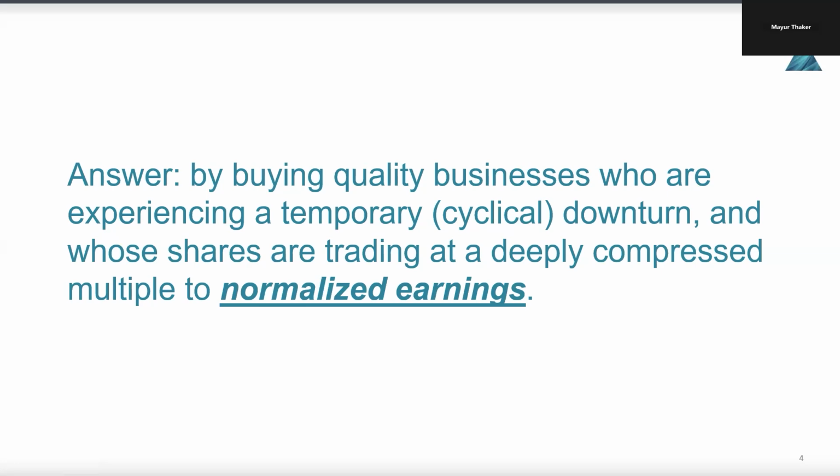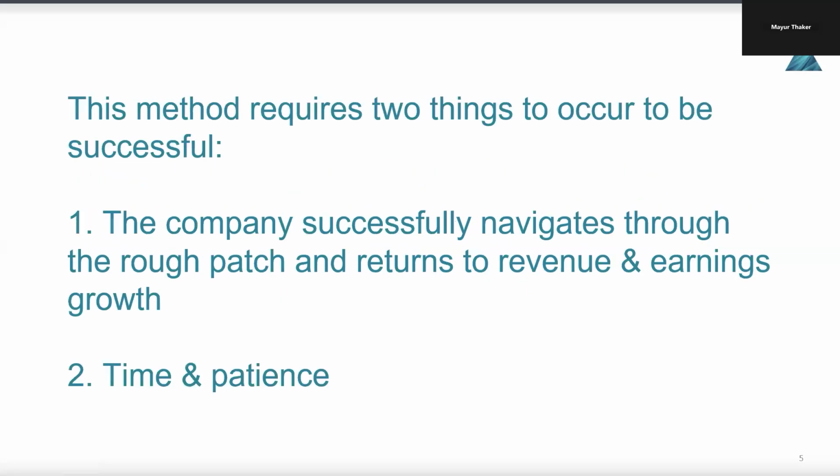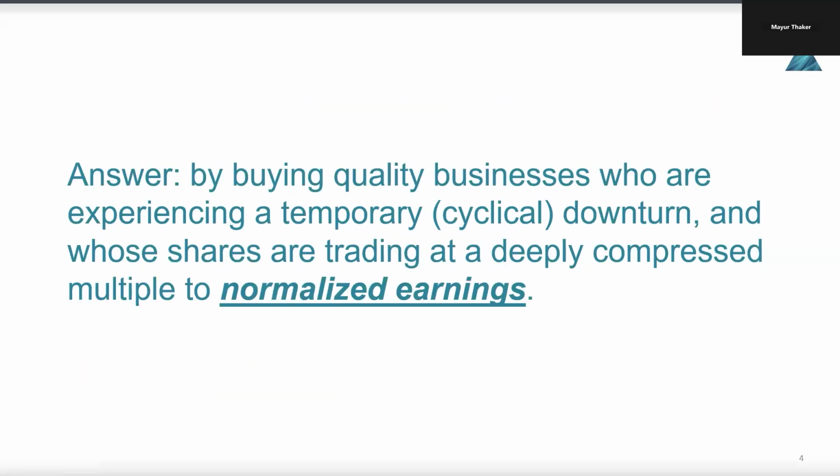So we don't look at earnings for any given year. Because the problem with that approach, as we'll see in future slides, is that PE multiples look at just 1 specific year. But if that company is going through a temporary downturn, then earnings for that particular year might be artificially depressed.